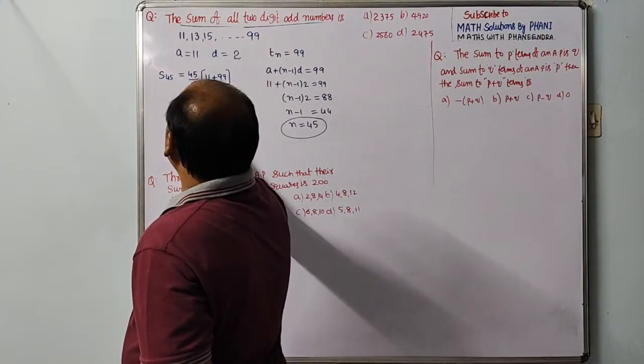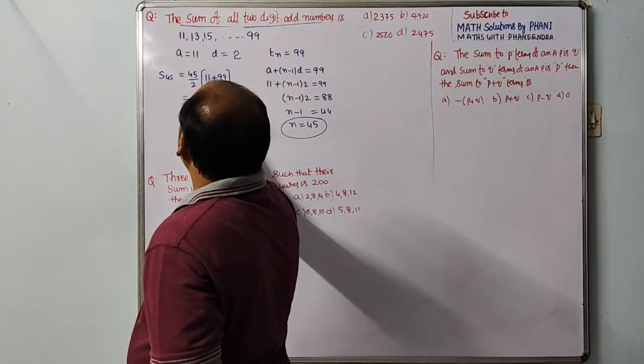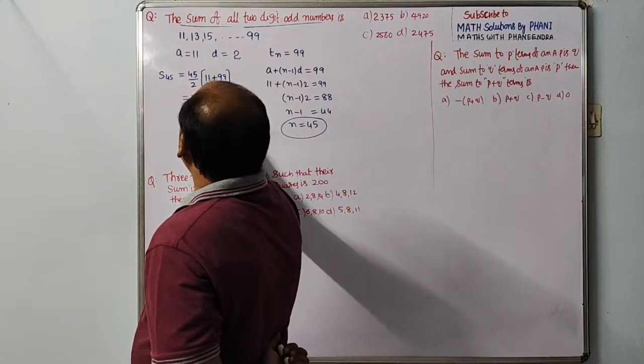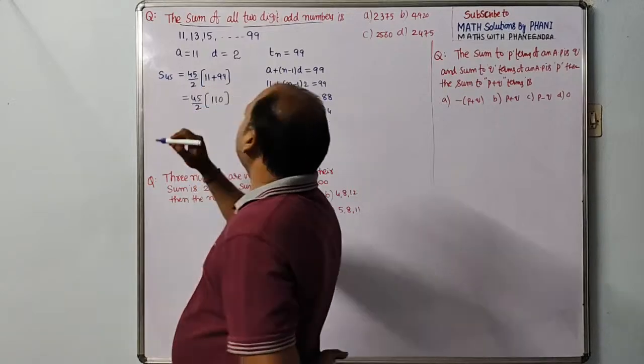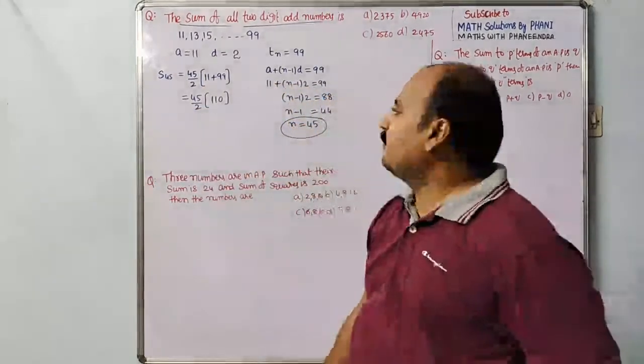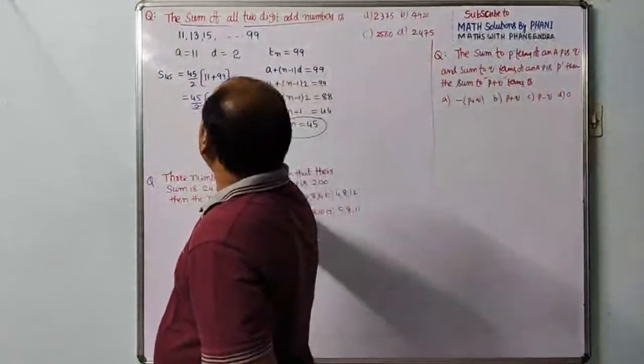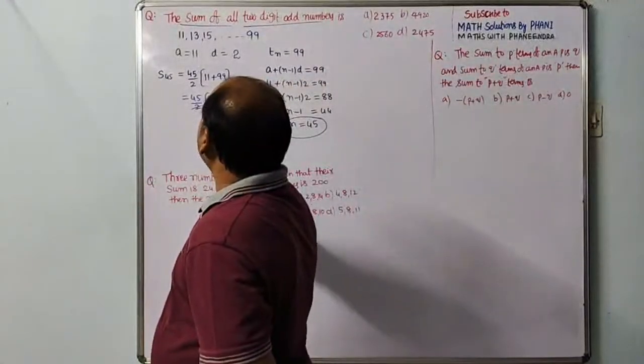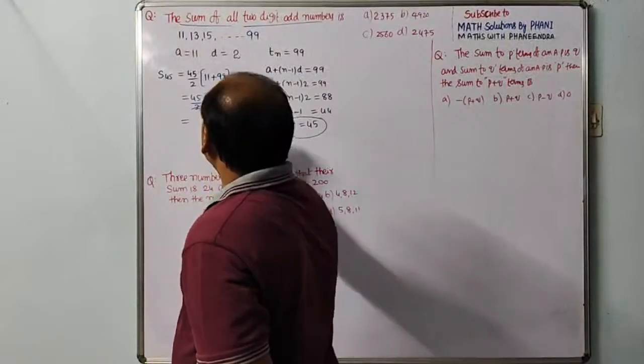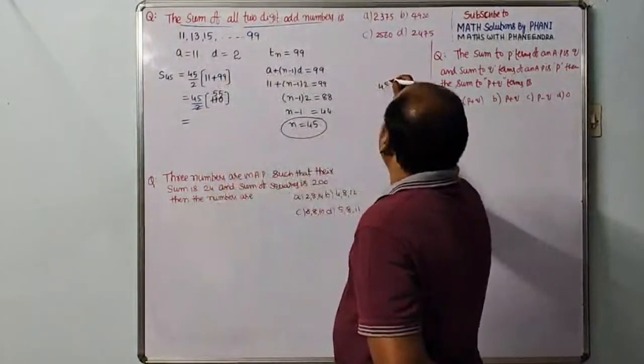So 45 by 2 into 110, which gives 45 into 55.